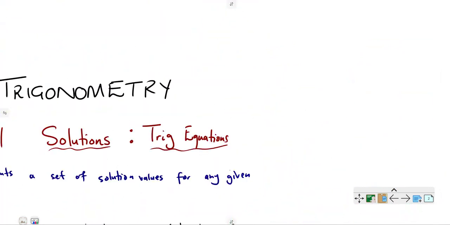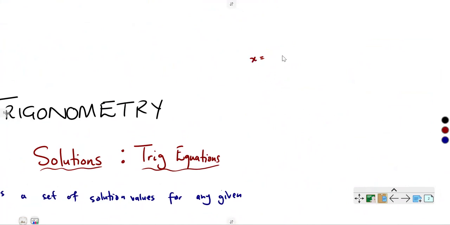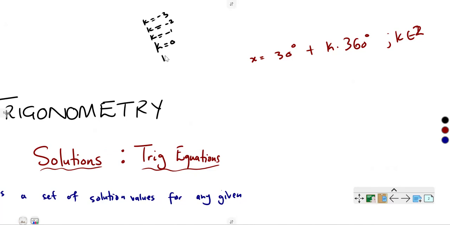For an example, let's say we've got x is equal to 30 degrees plus k times 360 degrees. Guys, k is an integer. So we try values of k from 0, negative values -1, -2, -3, and +1, +2, and so on.